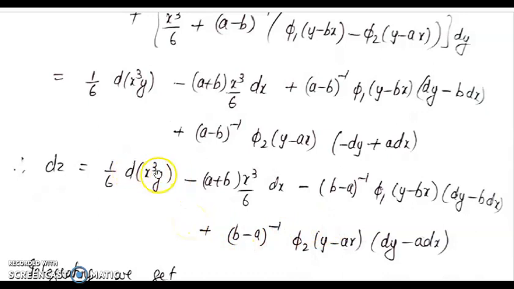Now on integrating you will get first term in the integral x cube y by 6 വരും. Second term in the integral minus a plus b by 6 x power 4 by 4.